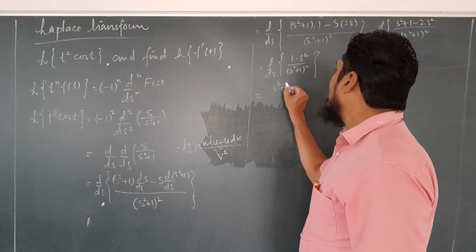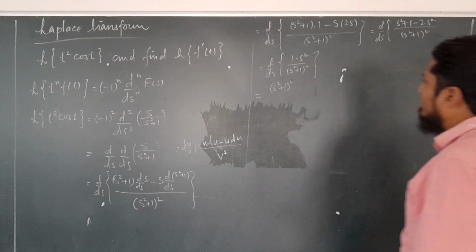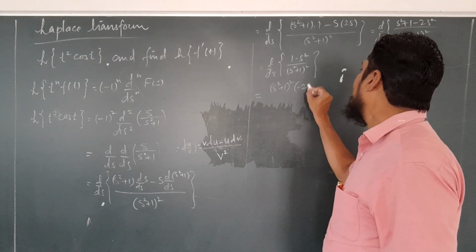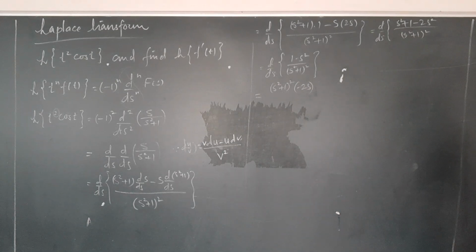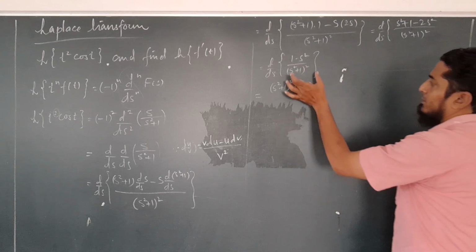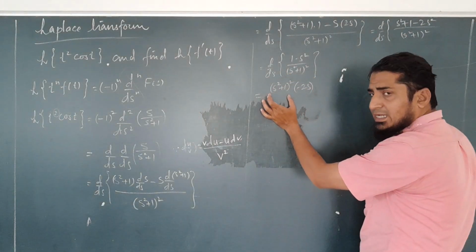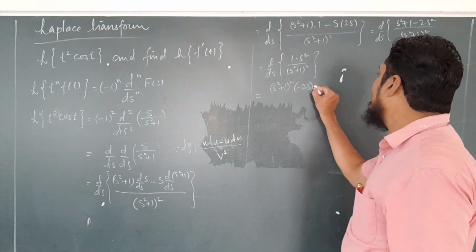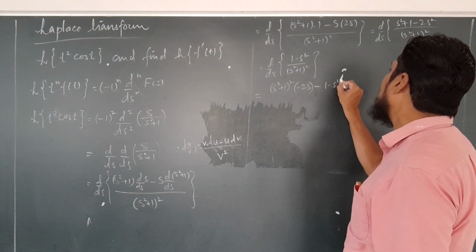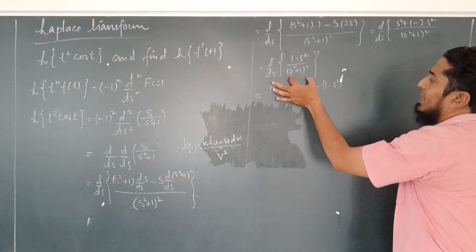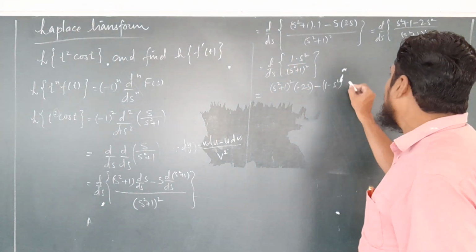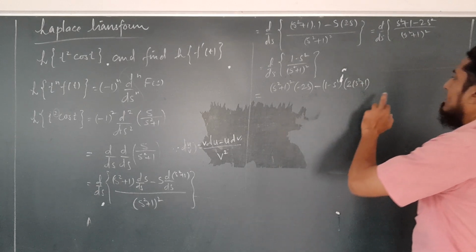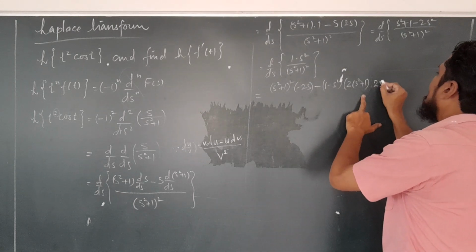Taking s square plus 1 bracket square outside and differentiating 1 minus s square, we get minus 2s. Then taking 1 minus s square outside and differentiating s square plus 1 bracket square, we get 2 times s square plus 1 times 2s.